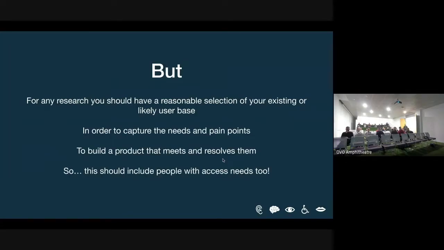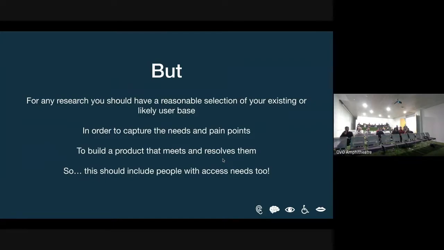However, for any research, we try to include the right kinds of people, right? So we're like, I need X number of these people, 50% gender split, good age range of my user types. They must be in this bracket of earnings or whatever it is.